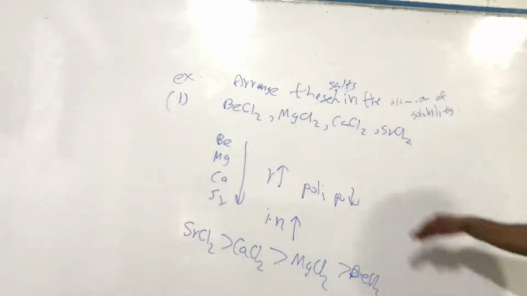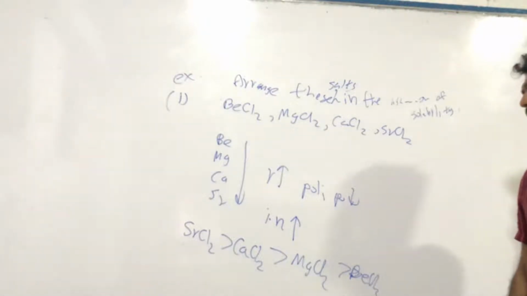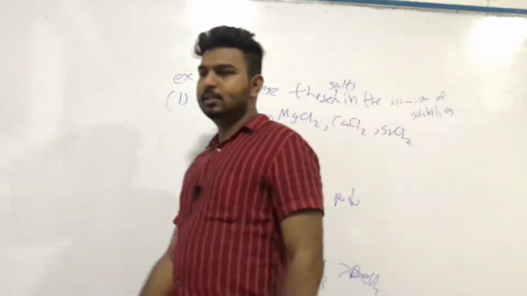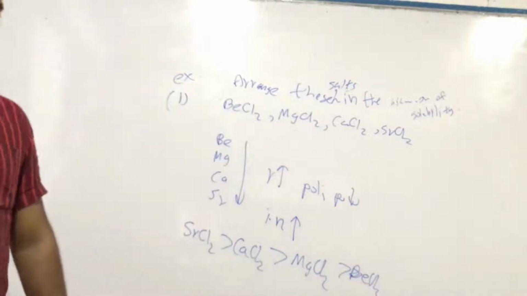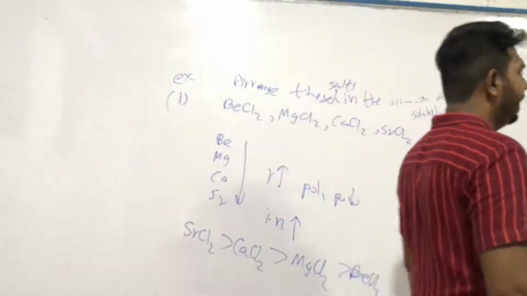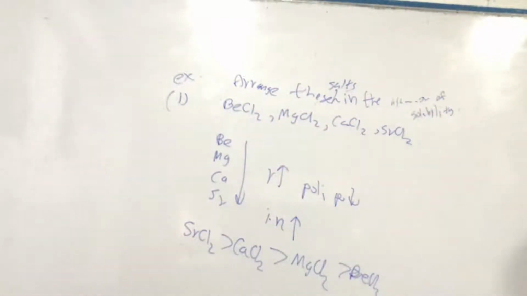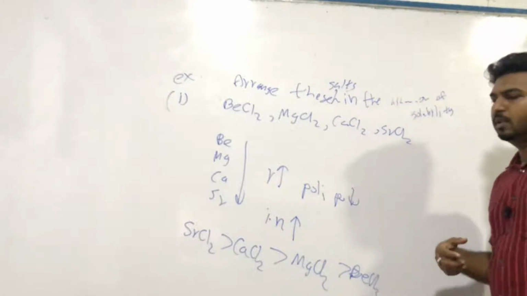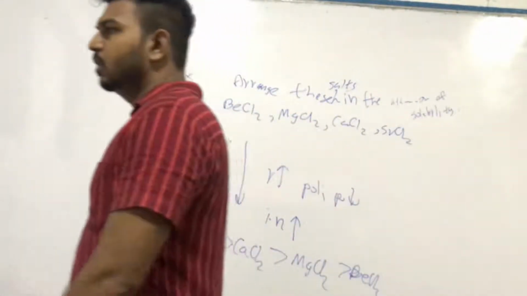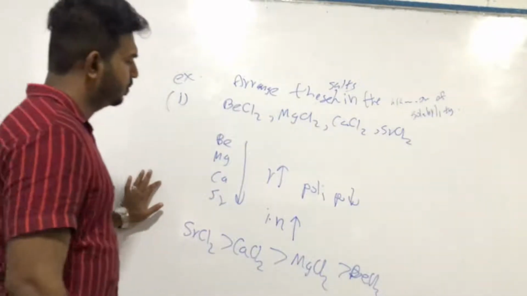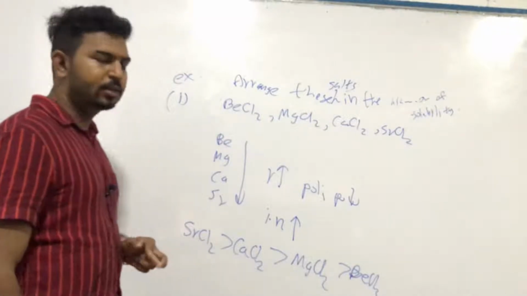Therefore, the polarizing power decreases, and ionic nature increases downwards the group.